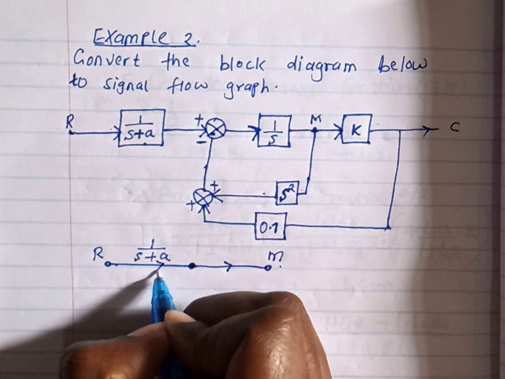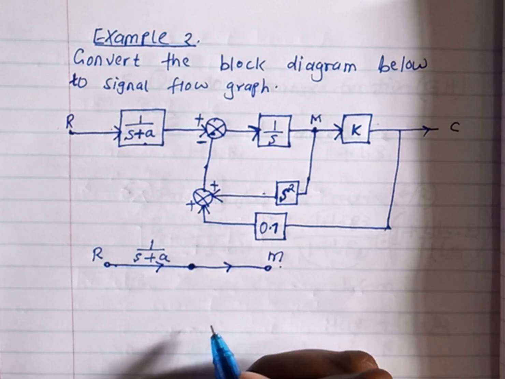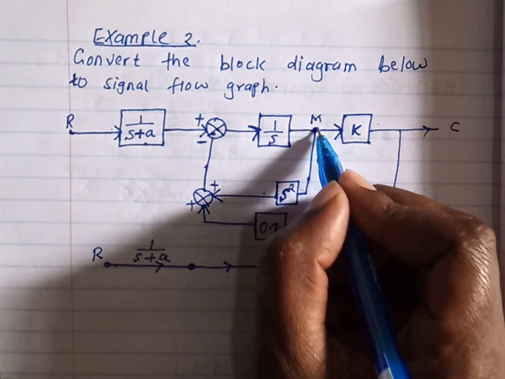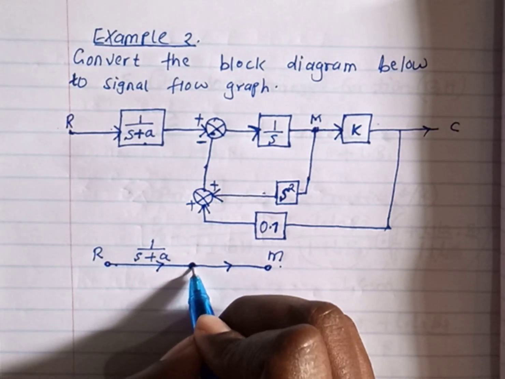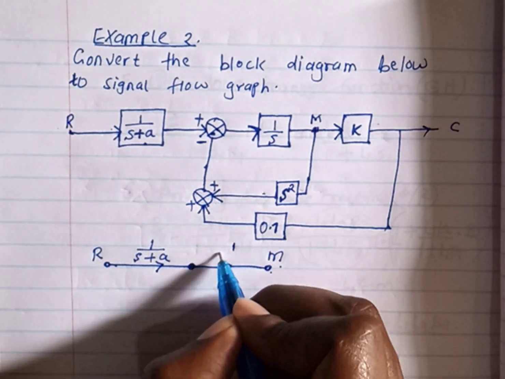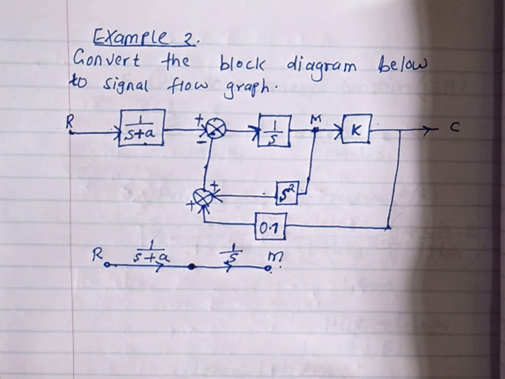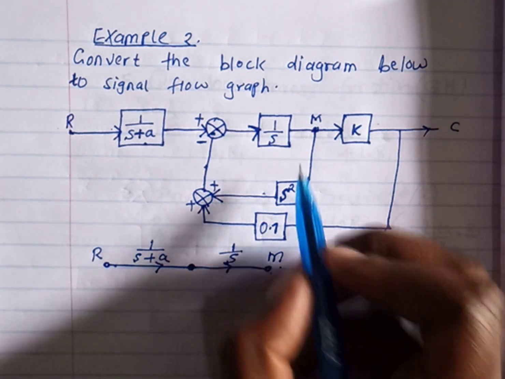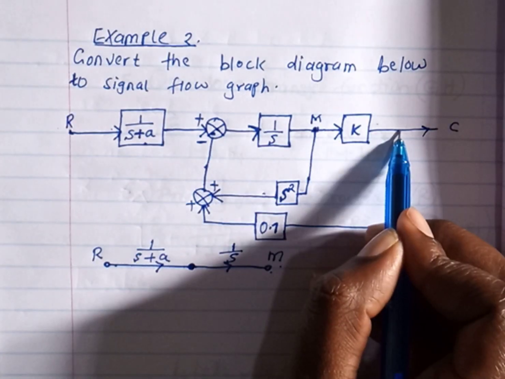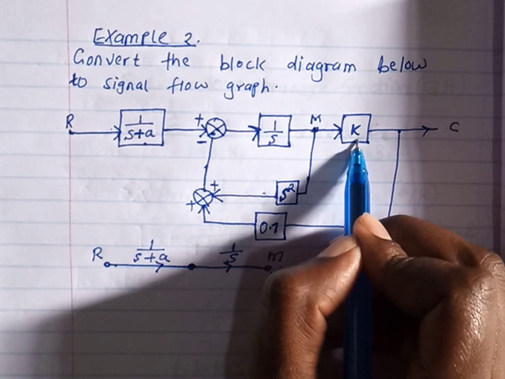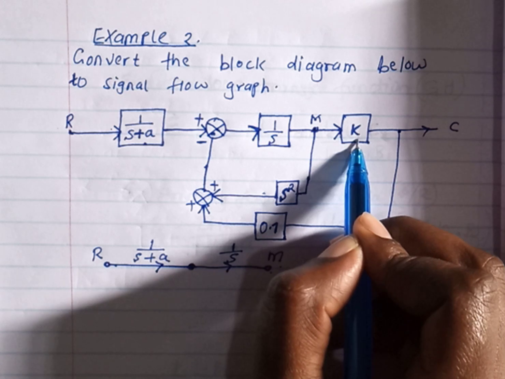Between this summing point and this point M, I have 1 over S. Then from point M to the output, I'll have my block K.